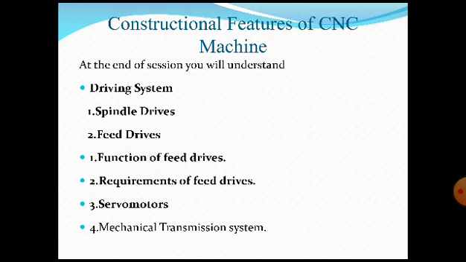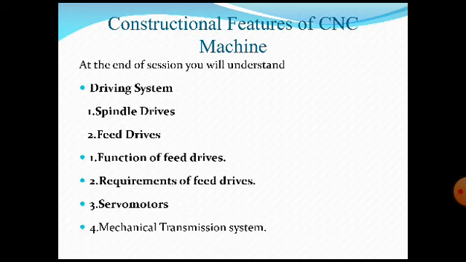Linear motion means the motion of a work table either in the direction of the X-axis or the Y-axis, or sometimes a combination, depending upon the design of the CNC machine tool. So let us discuss these driving systems in detail.